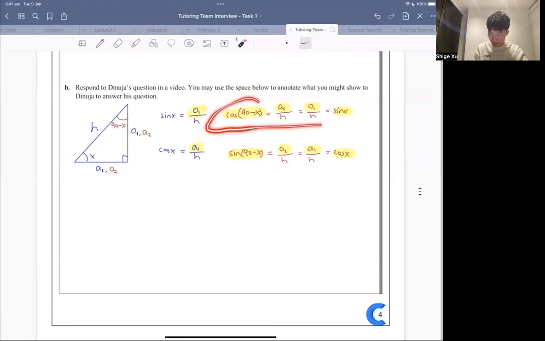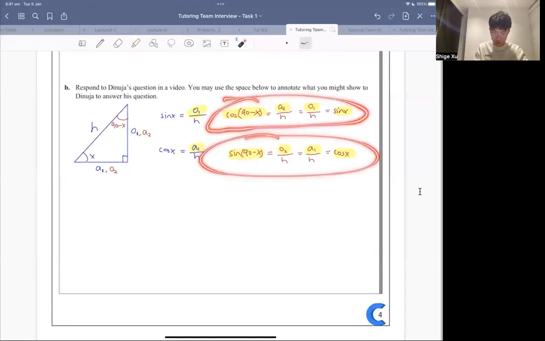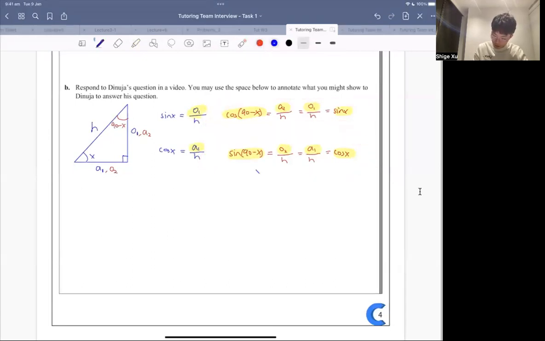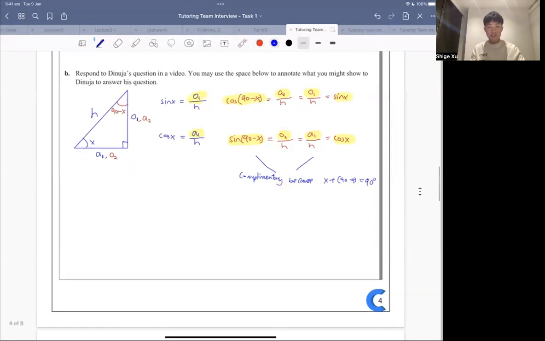So two identities, cosine and sine. And they are called complementary because x plus 90 minus x equals 90 degrees, right? So the two angles make up 90 degrees. That's why they call it complementary. And similarly, we can derive the complementary identities for tangents as well.